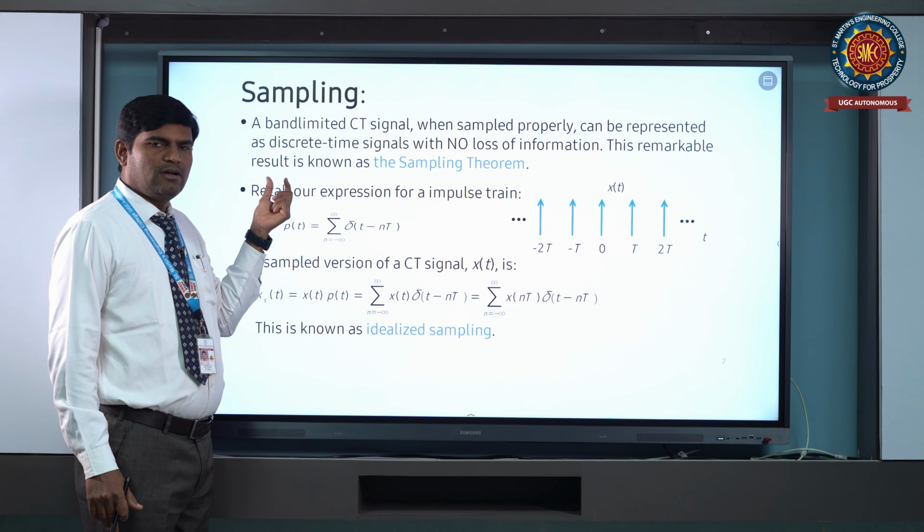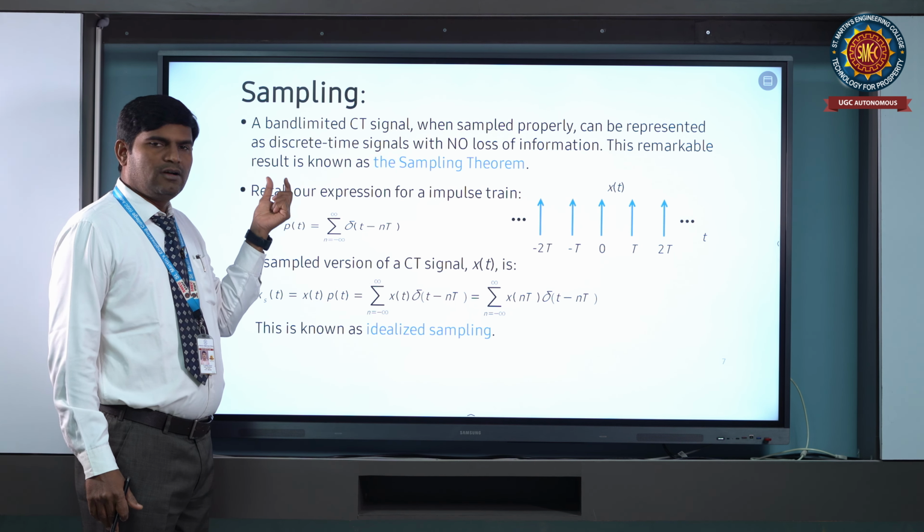On evaluating this, P of t is nothing but del of t itself, so it is an impulse signal. The integral of the impulse, the area under the impulse signal, is nothing but 1, and it exists at t equal to 0.